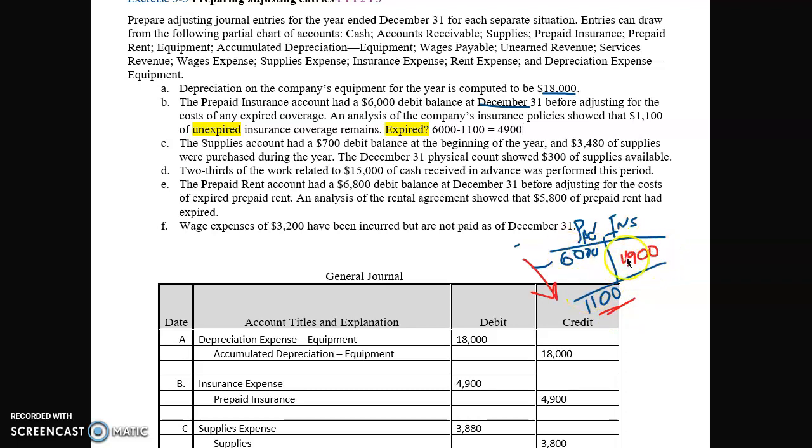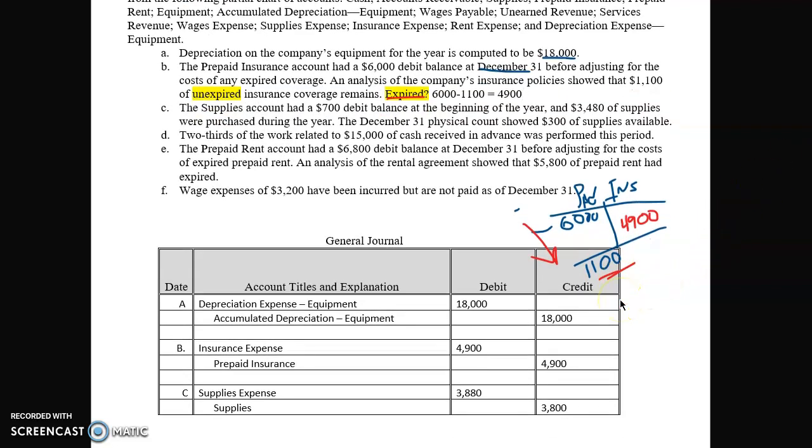So this is the expired part. Personally, I just don't like the way it's worded, but that's the way it is. So it's expired, it's consumed, it's used up, it's gone. And we only have $1,100 more for that prepaid insurance before we have to start writing the insurance company a check. So debit insurance expense, $4,900, and credit prepaid insurance, $4,900.